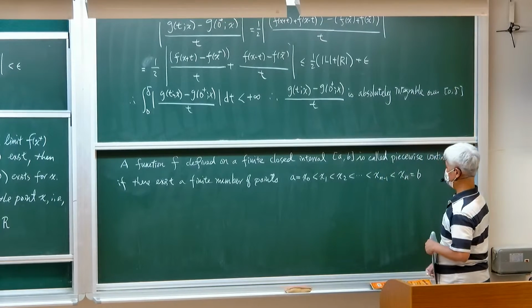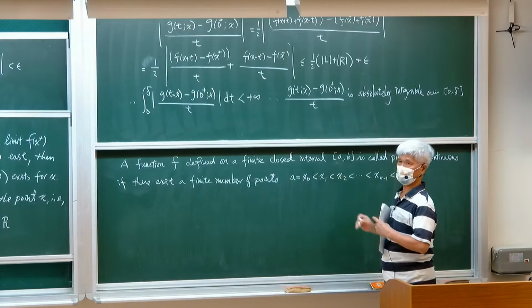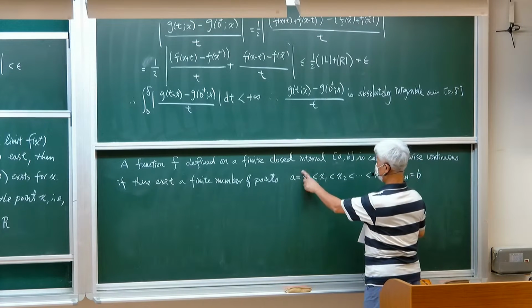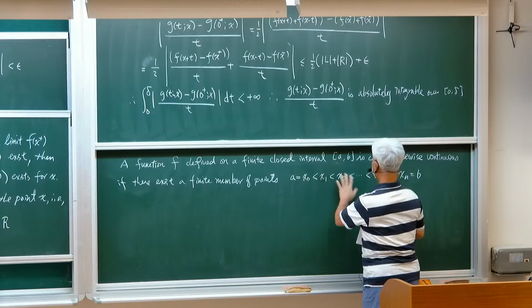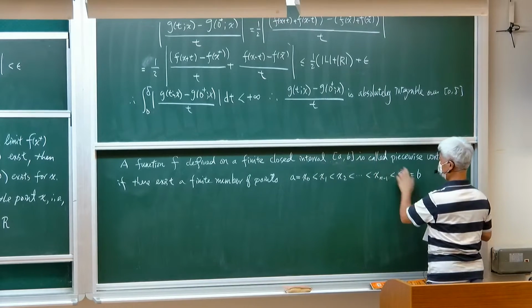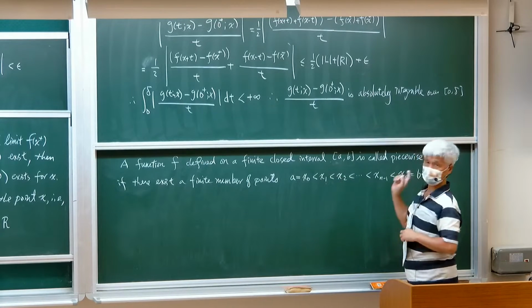So suppose that in this finite closed interval, we find a finite number of points. The first point, x0, is just the left boundary A, and the last point, xn, is the right boundary B. And we have intermediate points here.